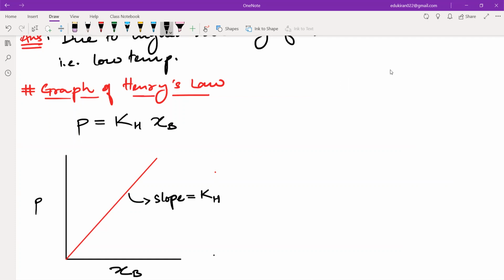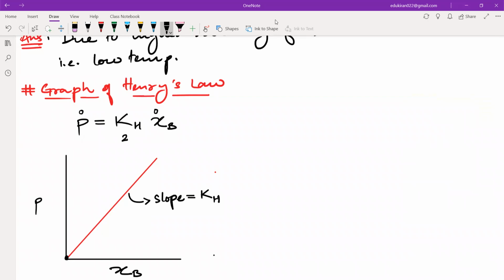देखिए, P is equal to KH into chi B है. फातिमा, keep your mic on. हाँ, अब ये बताइए, जब मोल फ्रैक्शन 0 होगा, यहाँ पे अगर आप 0 पुट करेंगे तो प्रेशर भी 0 हो जाएगा, है ना? अच्छा, सिंप्लिसिटी के लिए KH को हम 2 मान लें. कोई तो पॉजिटिव नंबर होगा. ठीक है, यहाँ हमारा ग्राफ स्टार्ट होगा, चाहे KH कुछ भी हो, 2, 3, 4, 5, 6, 7, 8.